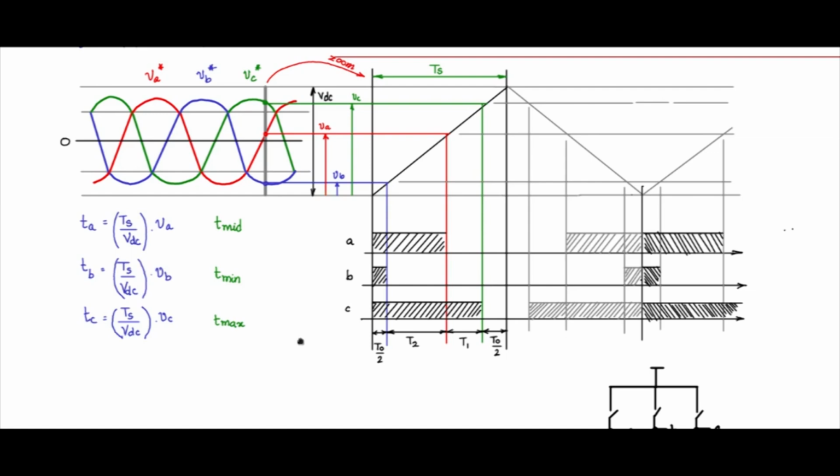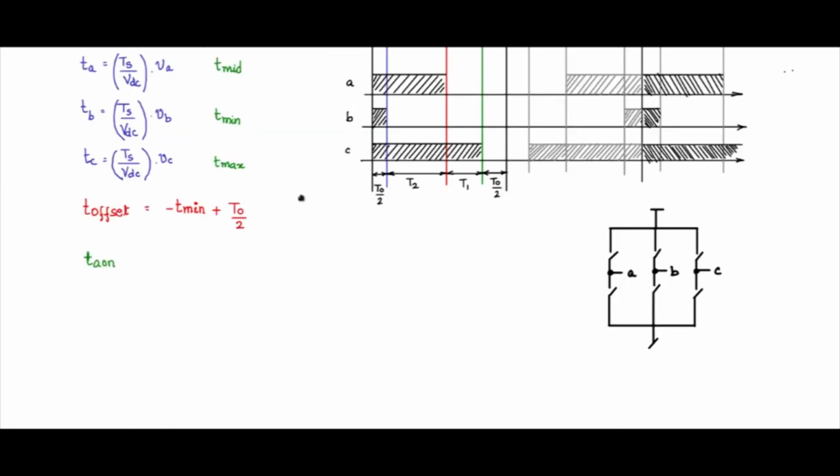We just add an offset to every calculation of TA, TB, TC. The offset value should be minus T min plus T naught by 2. T min itself is negative, minus of minus becomes plus, so you will have a shift.